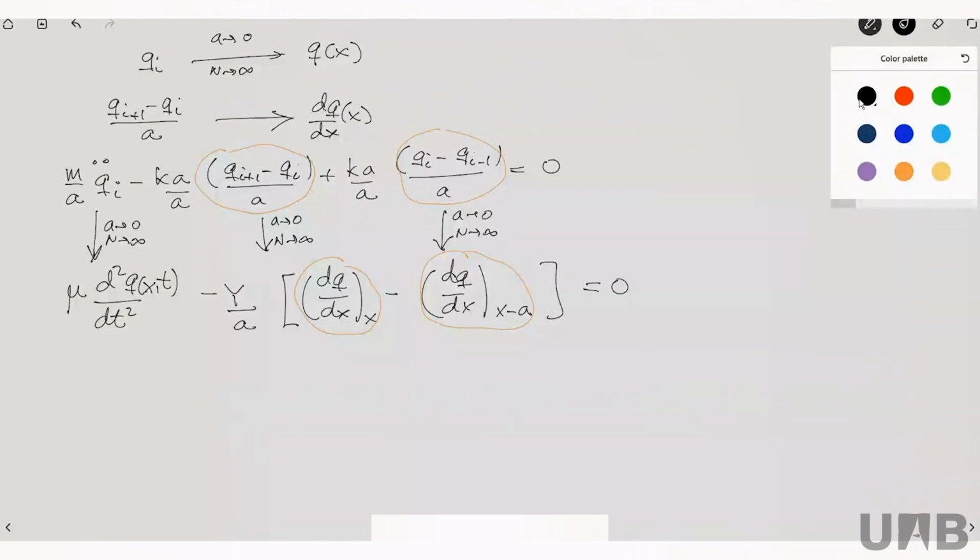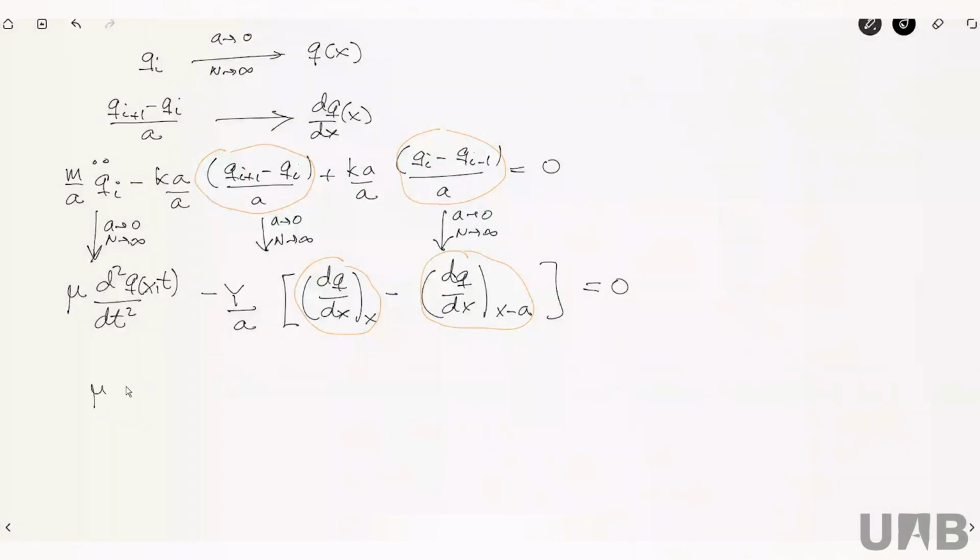So what do we have? Well, the first term is mu, the second derivative with respect to time of q of x and t, minus y, and now we have the derivative of q at the point x minus the derivative of q at the point x minus a, divided by a when a goes to 0. So this goes to the second derivative of q with respect to x.